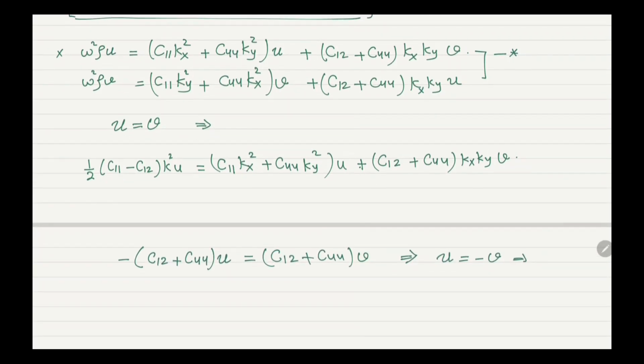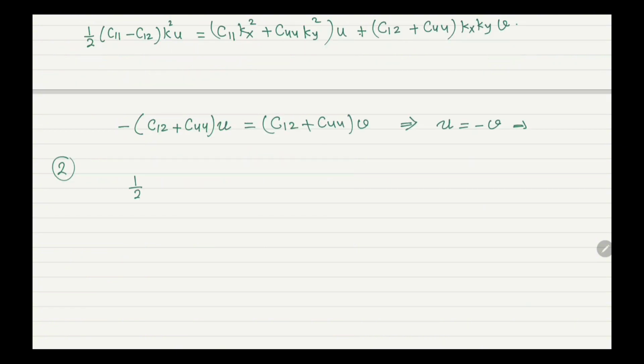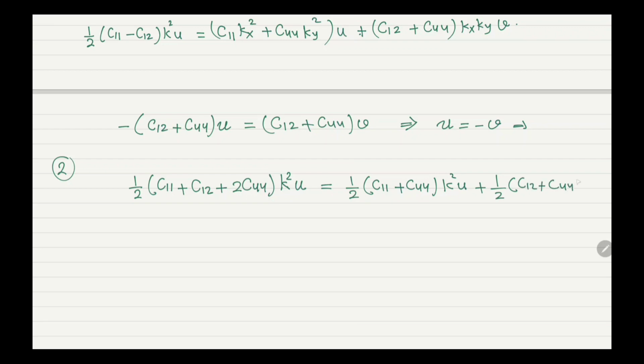Now, if we substitute the other one, half C11 plus C12 plus 2C44 k square u is equal to half C11 plus C44 k square u plus half C12 plus C44 k square v.